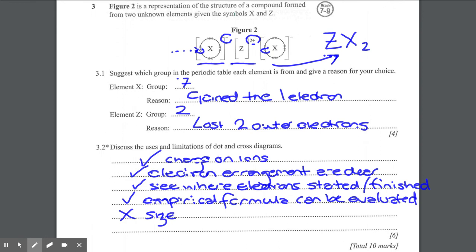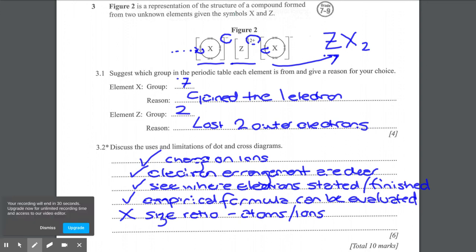The size ratios could be all completely wrong. So we don't know how big these things are, in either atoms or ions, because ordinarily if we draw an initial diagram and a final diagram, your atom will probably be the same size as your ion.